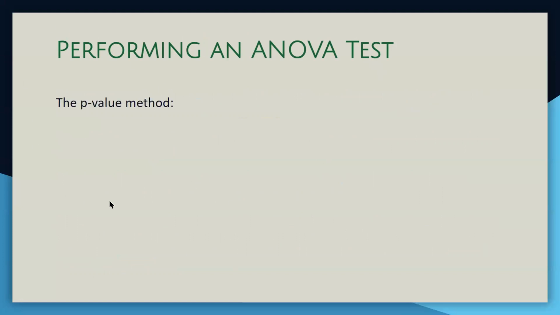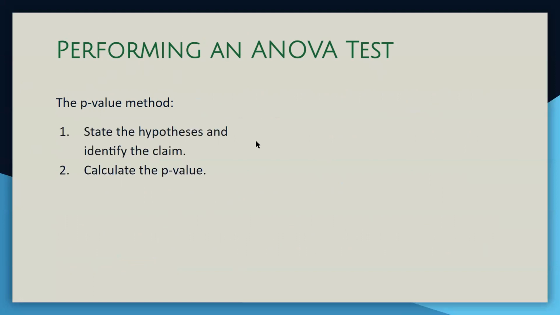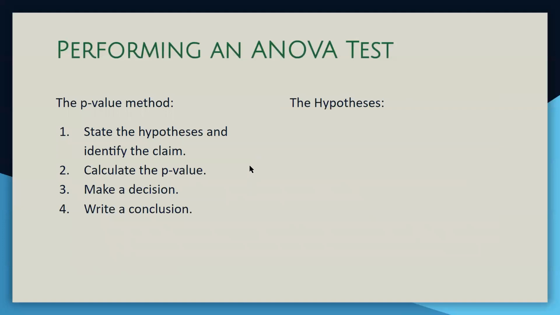So we're using our standard p-value method for hypothesis testing. So state hypotheses, identify claim, calculate the p-value, make a decision, write a conclusion. So the hypotheses for an ANOVA test are always going to look the same. For the null hypothesis, we're assuming all of the means are equal.